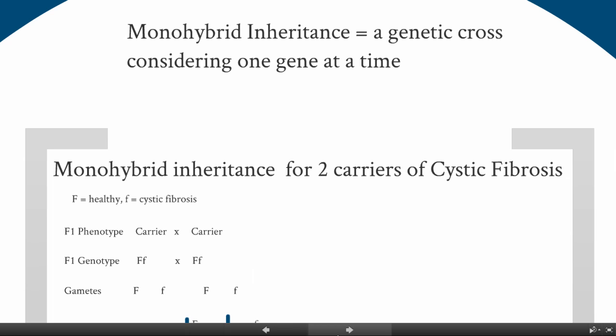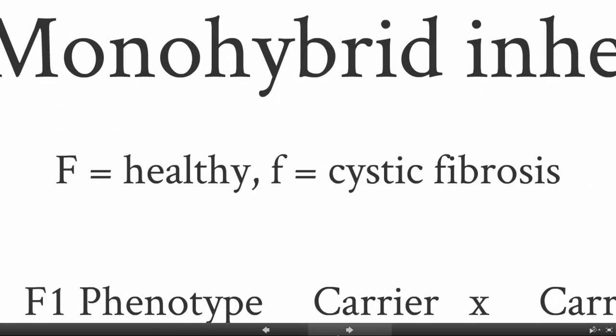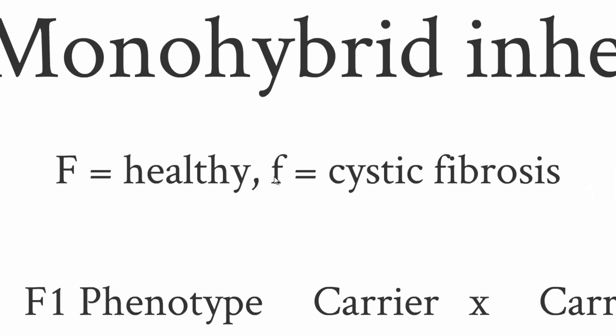The large F is healthy, so that's the dominant allele. The small f is the one that causes cystic fibrosis and is recessive, so to have the condition you need both recessive alleles. You can be a carrier because you can have the genotype big F small f and not have any of the symptoms.